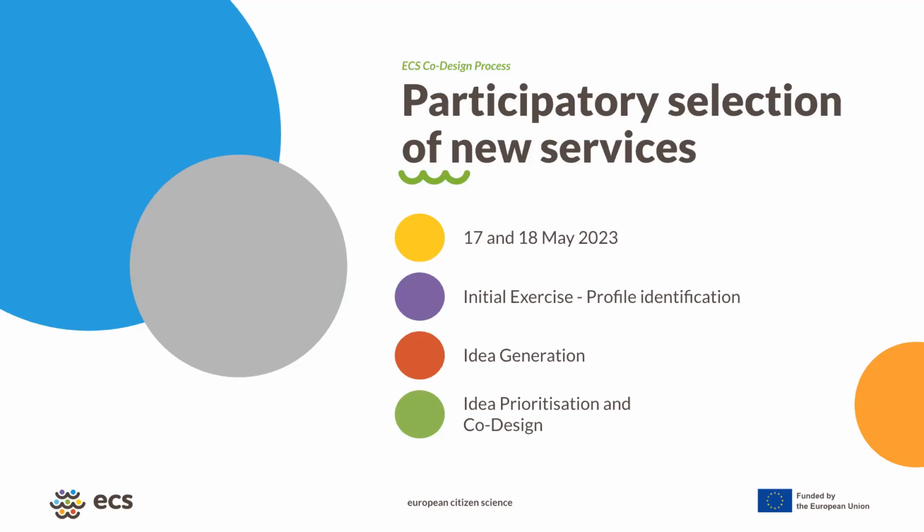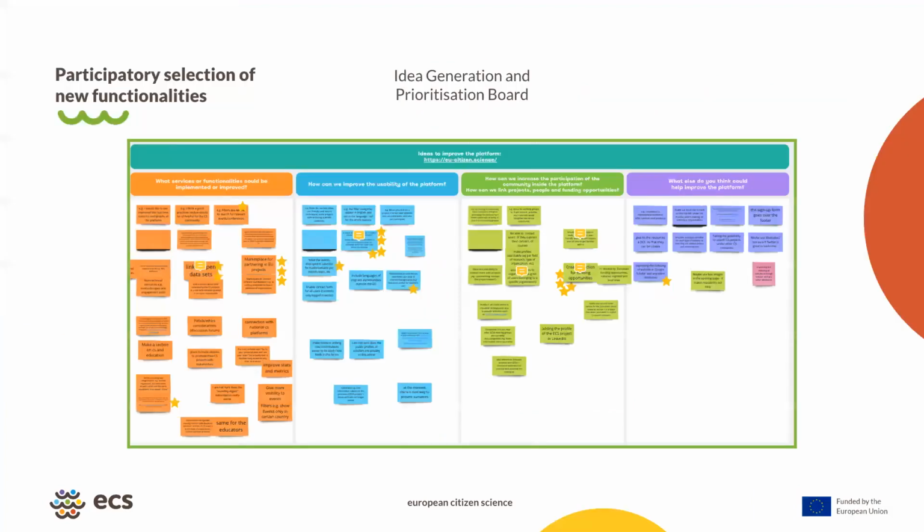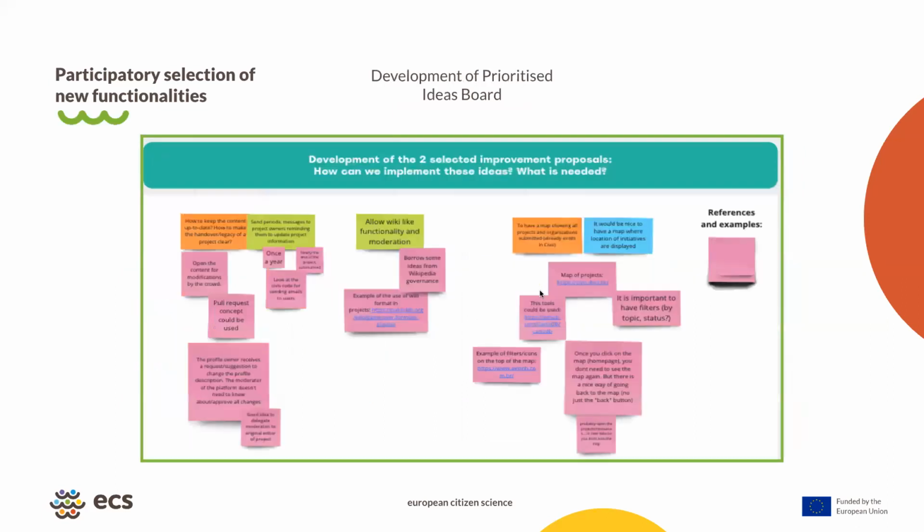In the following slides, I'll show you some examples of the boards used during the activity. Here you can see an example of the idea generating board from the first workshop. And on this slide, you can see the board for the development of prioritized ideas, which features a pre-selected and slightly co-designed project map visualization feature that we will present later.